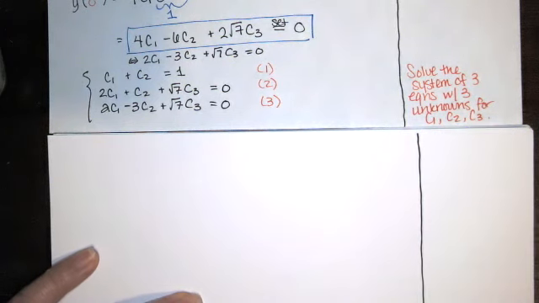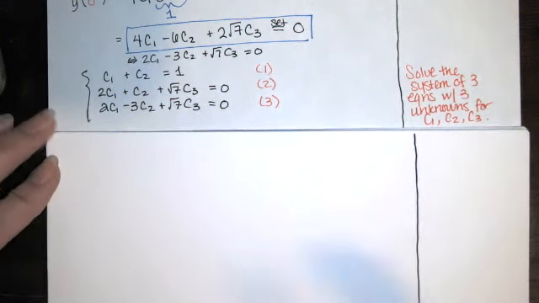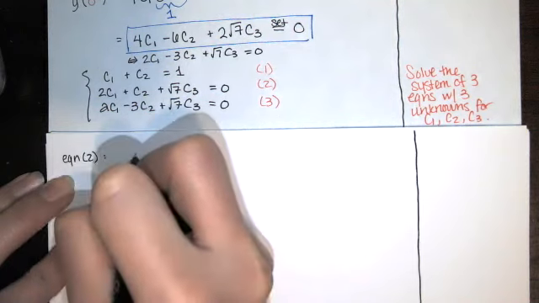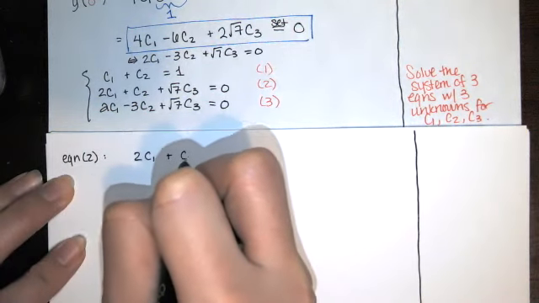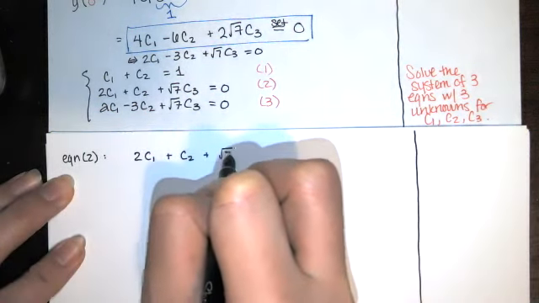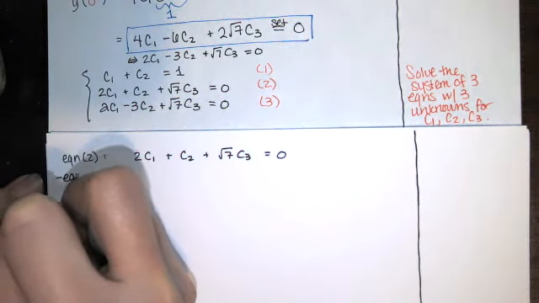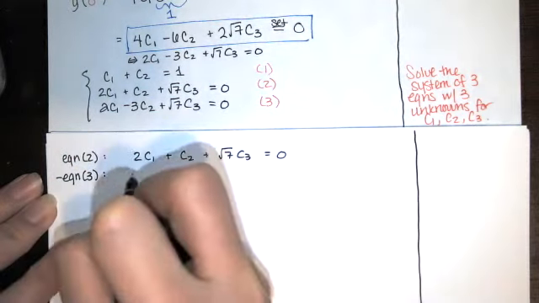Now that's not usually what happens. It just happens to happen that way this time. So we just leave equation 2 alone. And then you want to take equation 3 and multiply it by -1, and then you want to add them together.